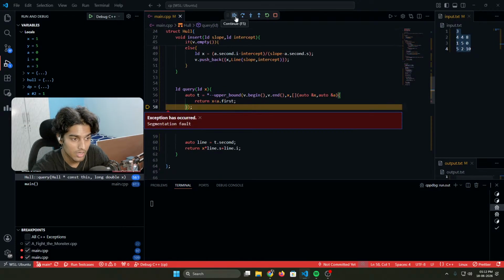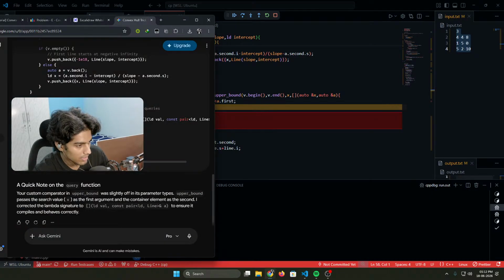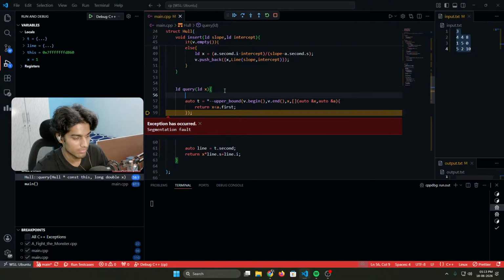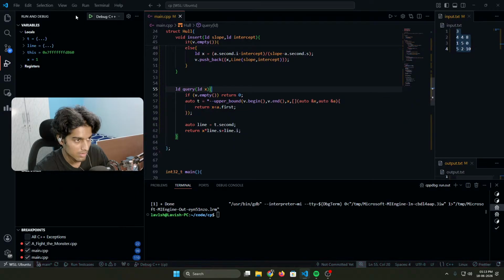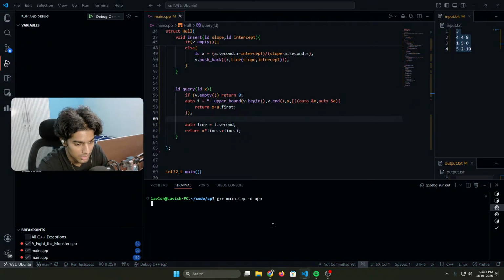Everything is working right now, and then we got a segmentation fault. So this is getting empty or something? What is Gemini code here? Okay, so it's checking for empty. Yeah, I'll do the same. No issue. There should be no segmentation fault.